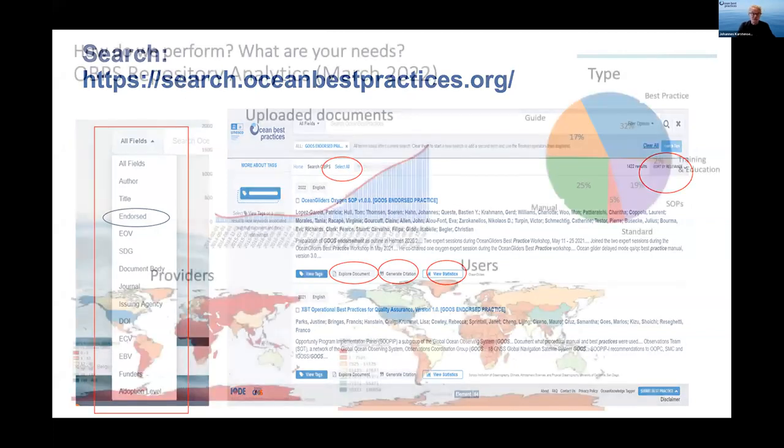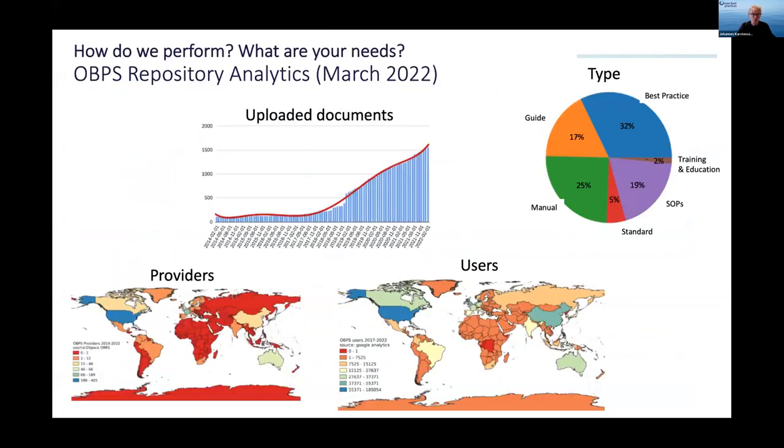We also want to know how we do. What are the needs? How are our users and providers actually responding to what we think from the dialogue with the community? And we have certain metrics like how many documents have been uploaded, what type of documents have been uploaded.